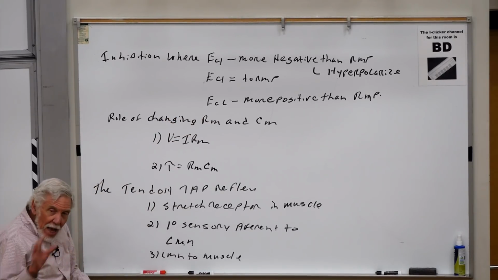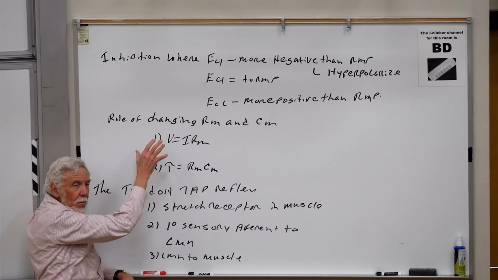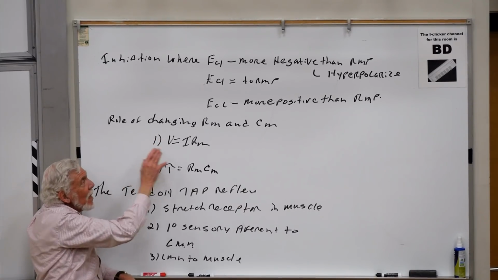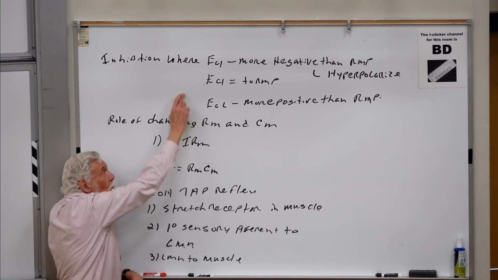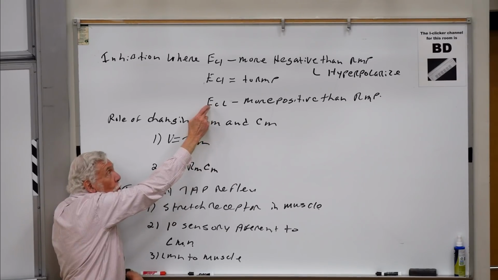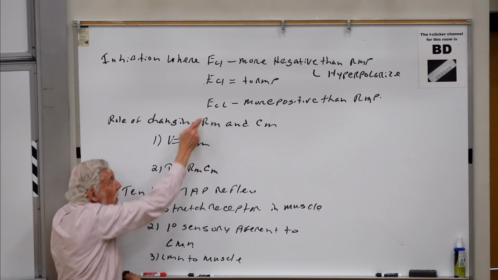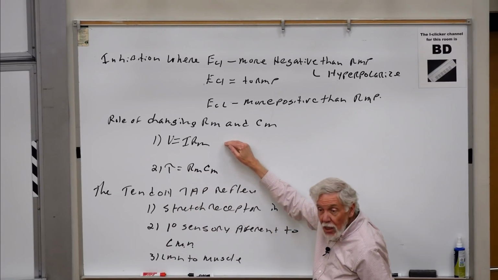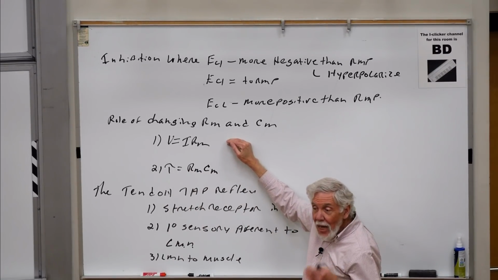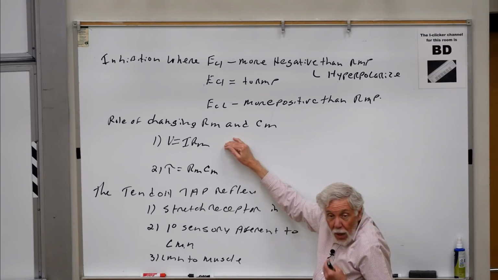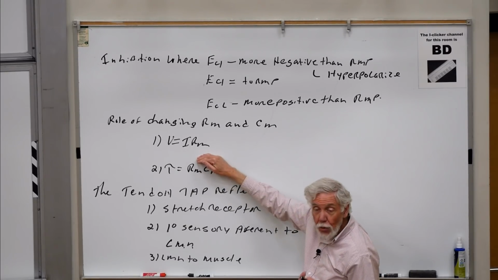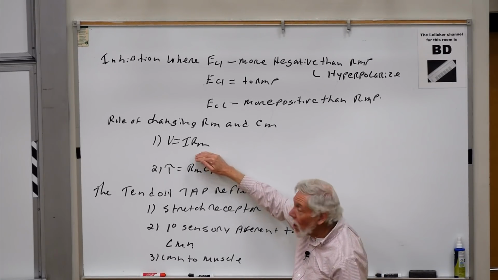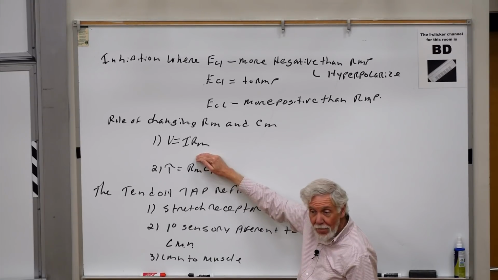But there's another aspect of this I'll emphasize at this point. When we open these chloride channels, we drive the membrane potential to the equilibrium potential for chloride. Having the chloride channels open is pretty much the same thing as adding potassium leak channels. What I mean by that is we can change the membrane resistance, R sub m.